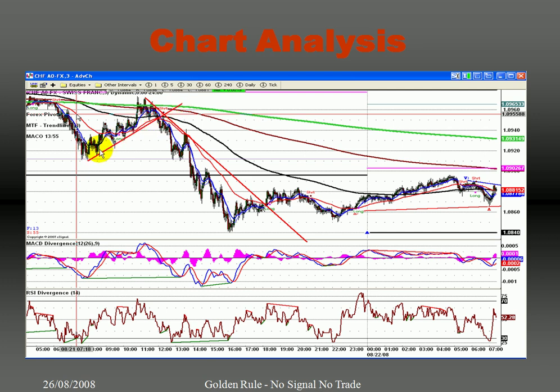You see that the prices are breaking below a trend line support, so it's below all those supports, below all those resistance lines, and the natural move is downwards.